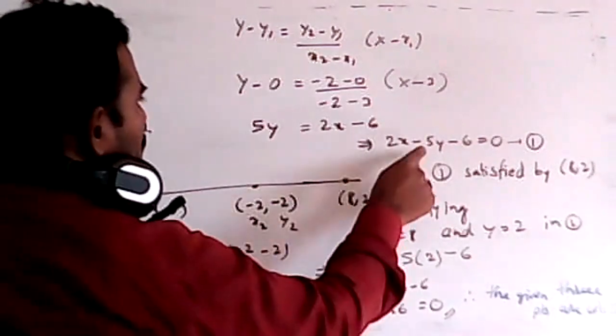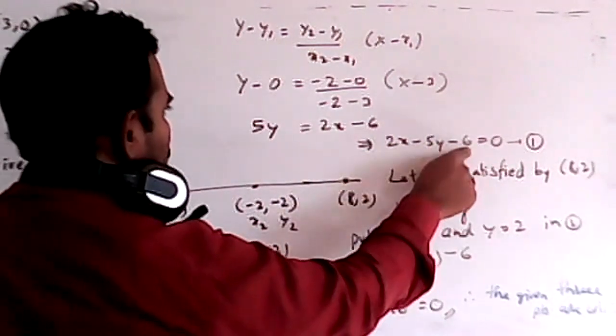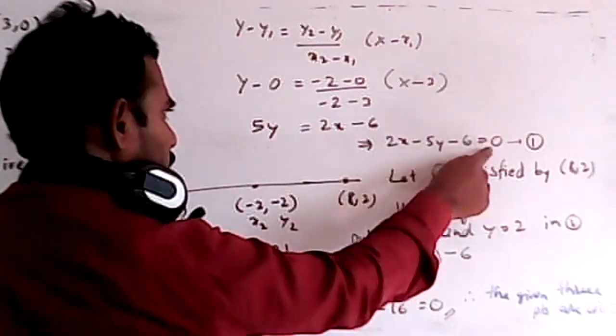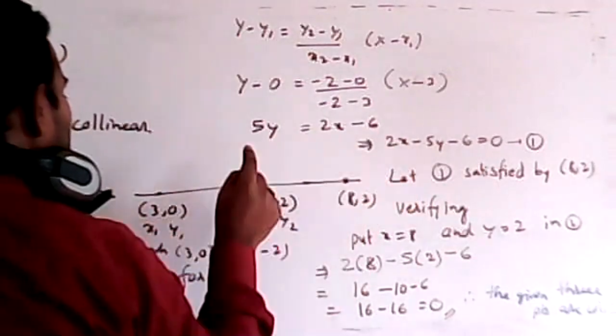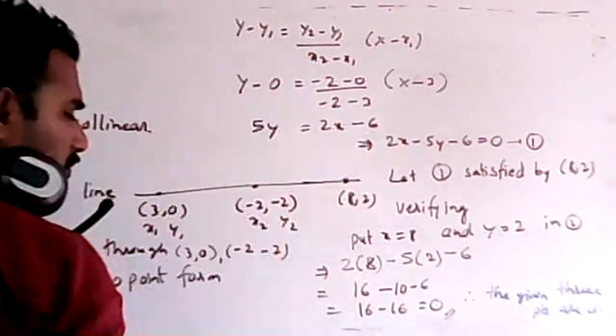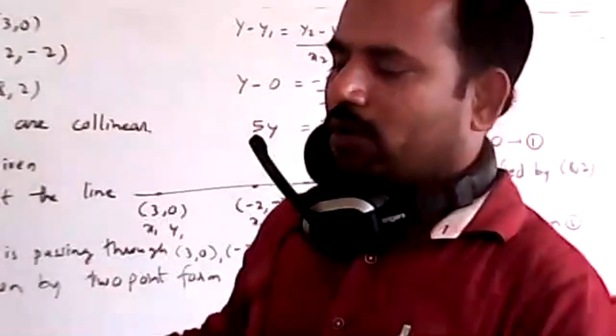Y means minus 2. Minus into minus plus, 2 fives are 10. It is minus 4, minus 6, plus 10, which is 0. Means all these 3 points are satisfying the same equation. Hence, these 3 points must be on the same line. Correct? Or else never satisfies the equation. So, this is the satisfactory explanation of all the 20 problems of 10.2. Hoping you all understand it.